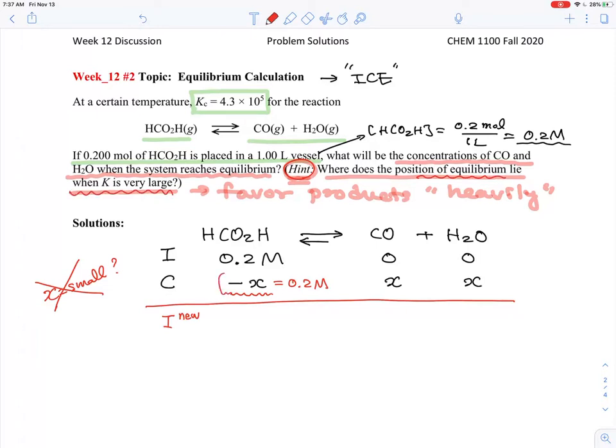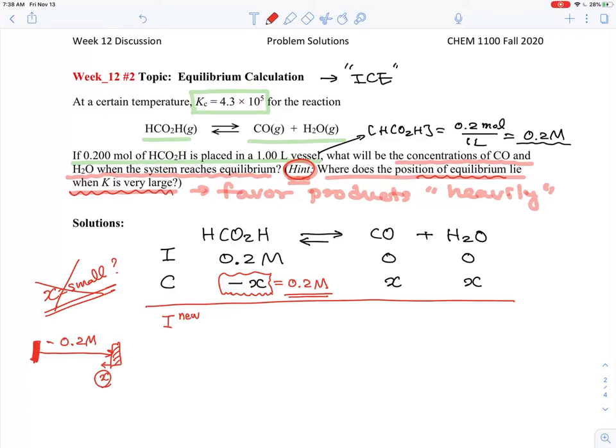So I'm just going to make another case so that I can have an easier way to solve this problem. So this is an equilibrium, your starting point, this is the initial condition. Equilibrium almost favors the product, and then you're going to back out a little bit. So this is my idea: 0.2 molar is completely consumed, then you can back-generate a certain amount.